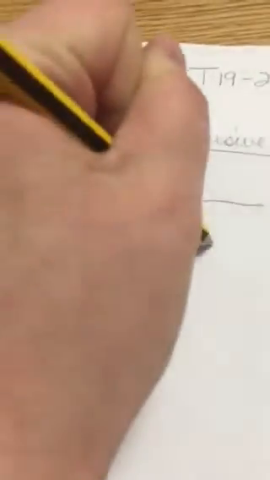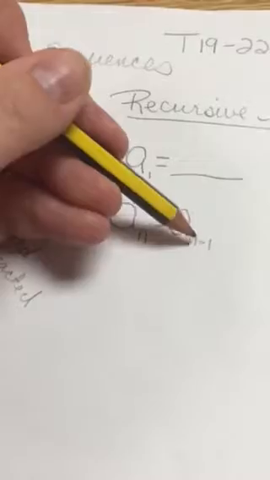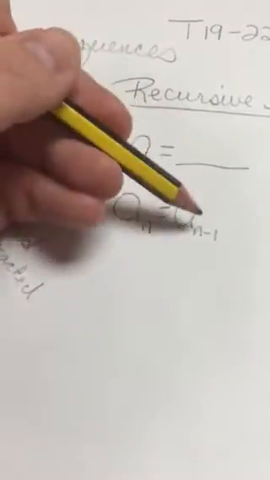And then A_n equals A_(n minus 1), and that n minus 1 just stands for the term before. If I'm looking for the 10th term, whatever that n minus 1 is is the term before, plus the difference. Every recursive rule you write should look like this, and you're going to insert the starting number here.